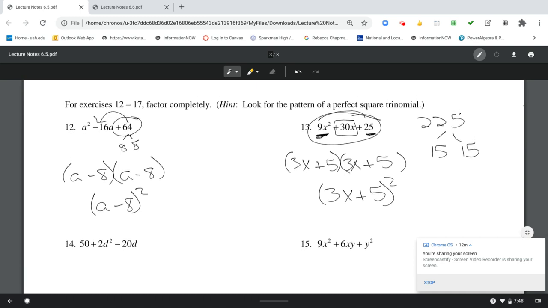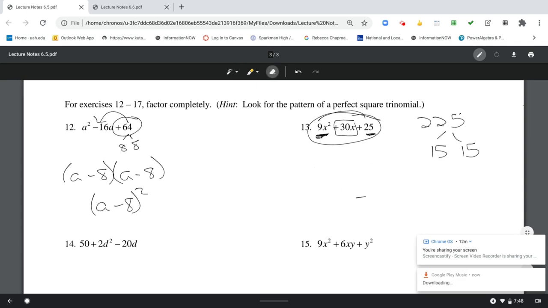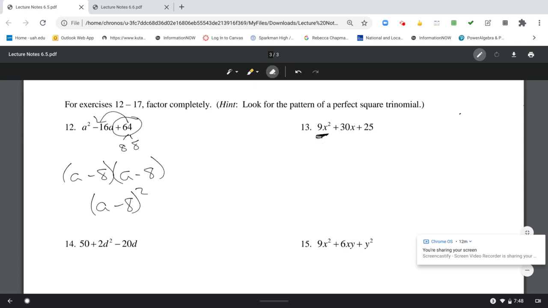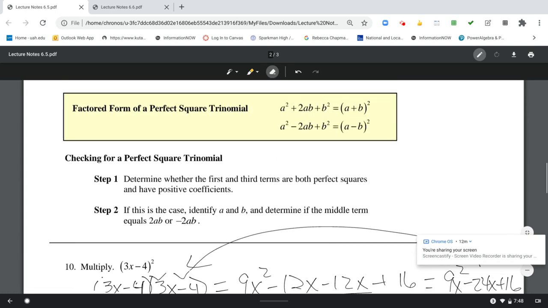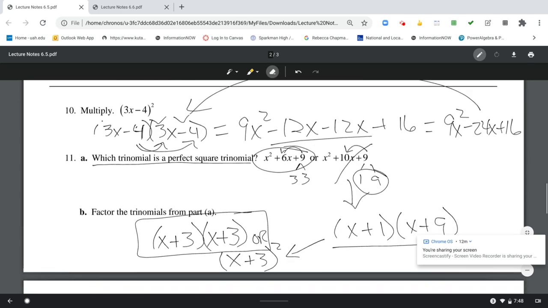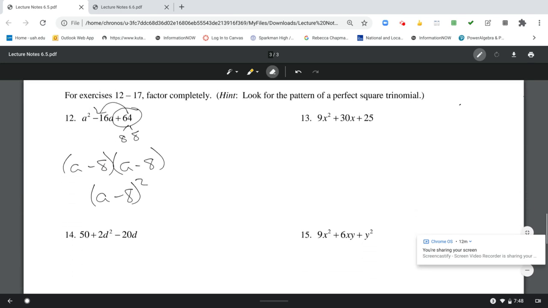All right, now the shortcut version to that is to use the formula that they gave you all the way back up here, okay? And I'm going to show you how this works. Now, since I noticed this is a square, I can write that as 3x squared plus 2 and then plus 5 squared, since my first number and my last number are squares.